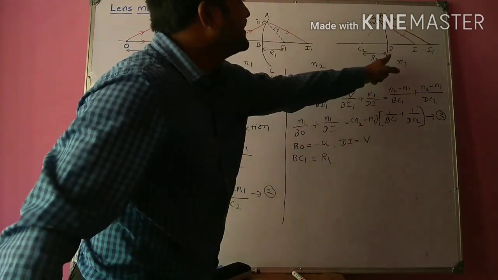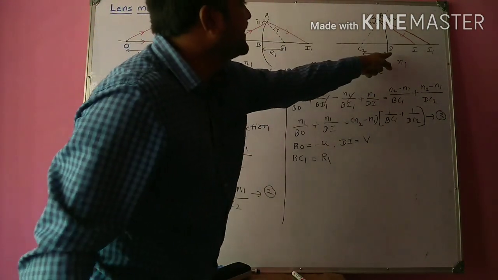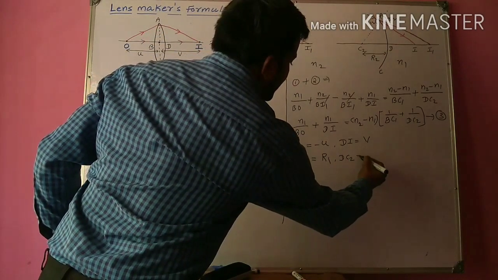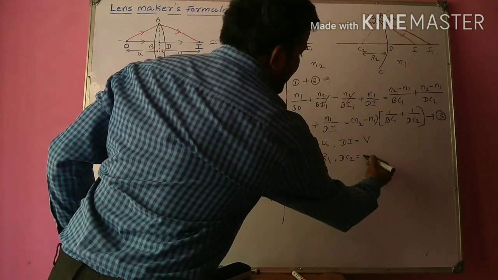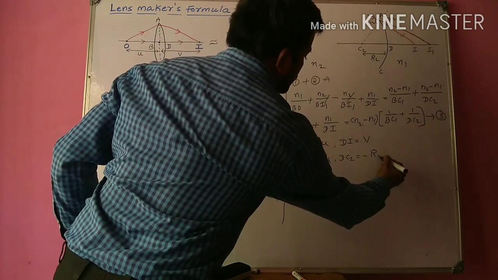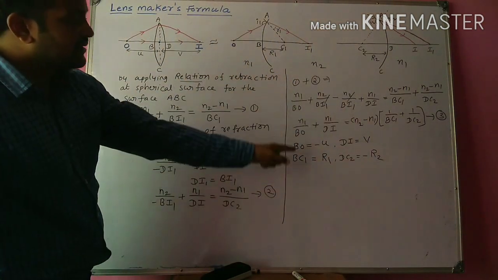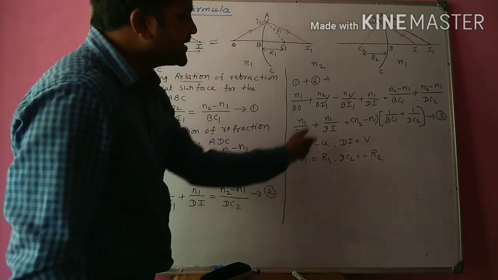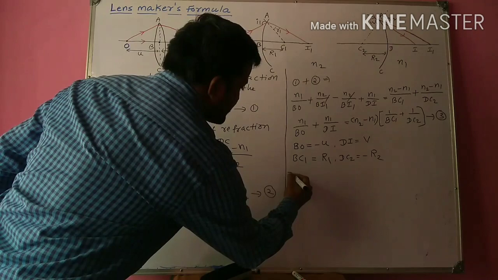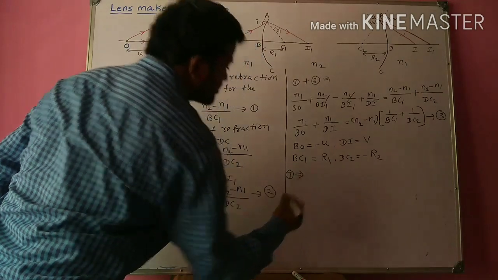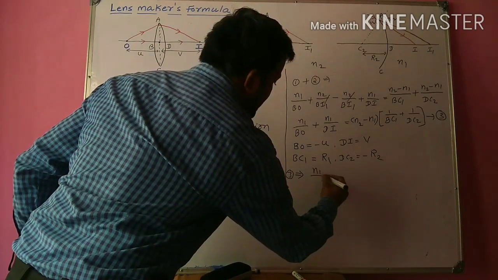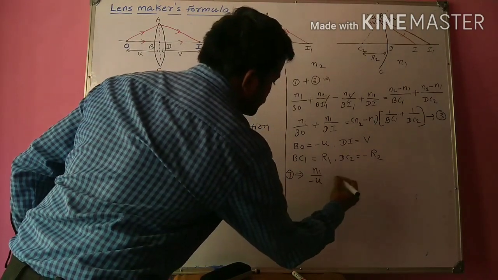It is measured in the opposite direction of incident light, D to C2, that's why DC2 can be taken as minus R2. These are the values we need in this expression. Now let us substitute these values in the third equation. So from the third equation, N1 by minus U.